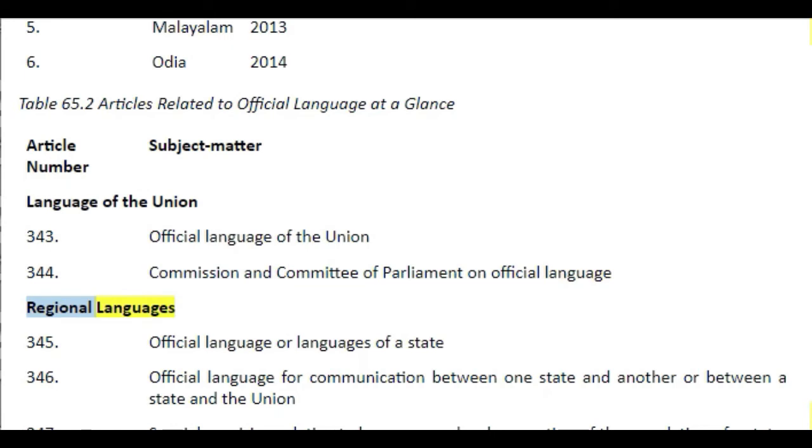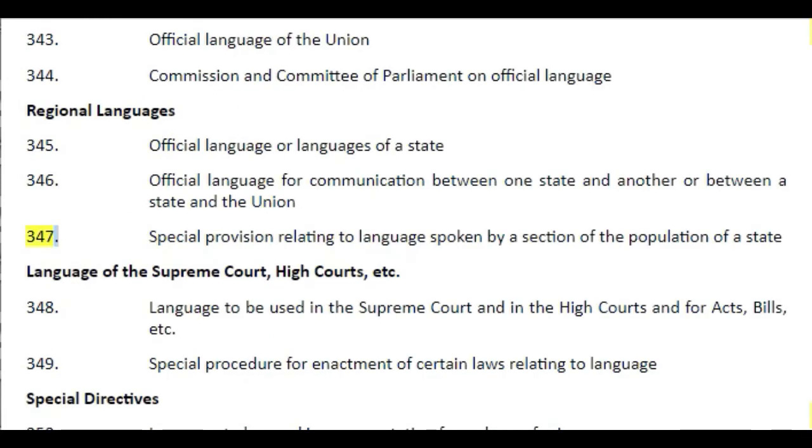Regional languages. 345. Official language or languages of a state. 346. Official language for communication between one state and another or between a state and the Union. 347. Special provision relating to language spoken by a section of the population of a state. Language of the Supreme Court, High Courts, etc.